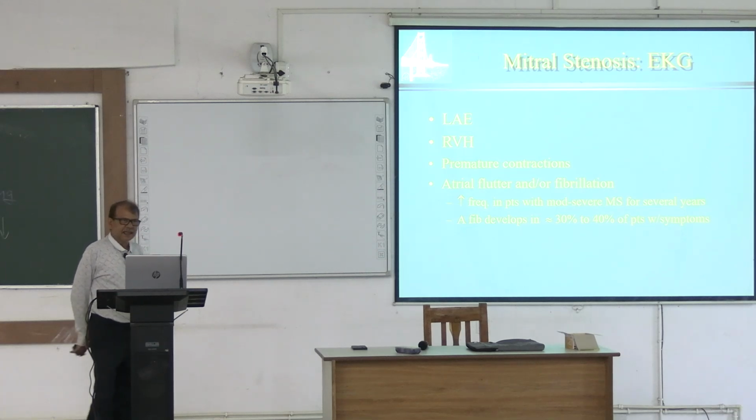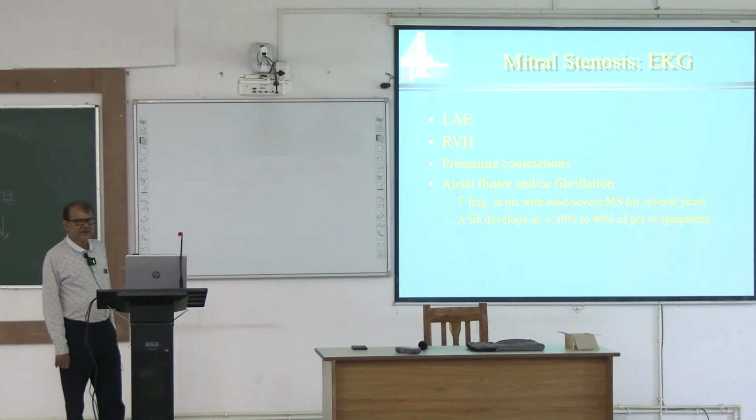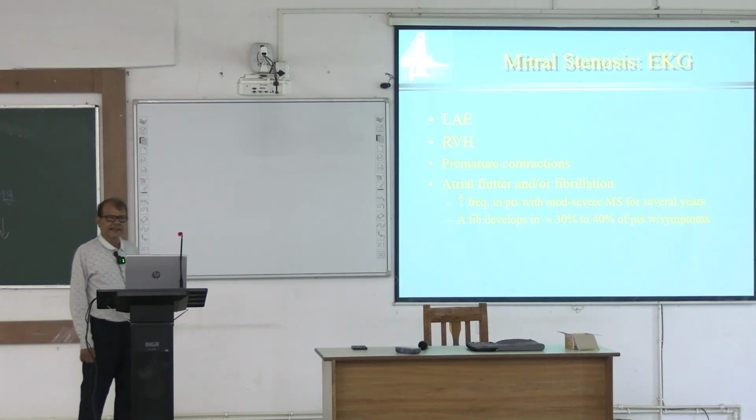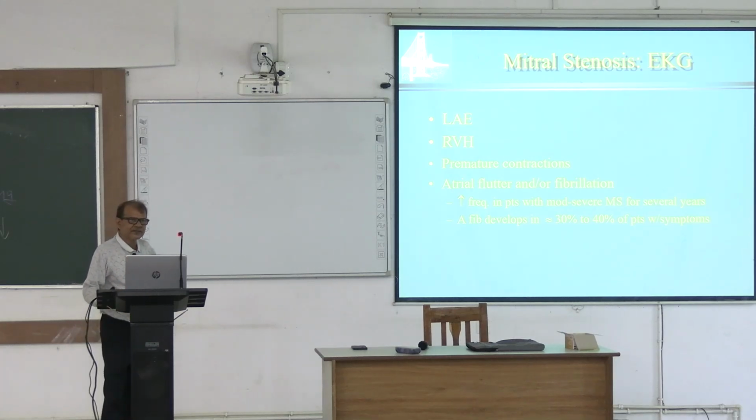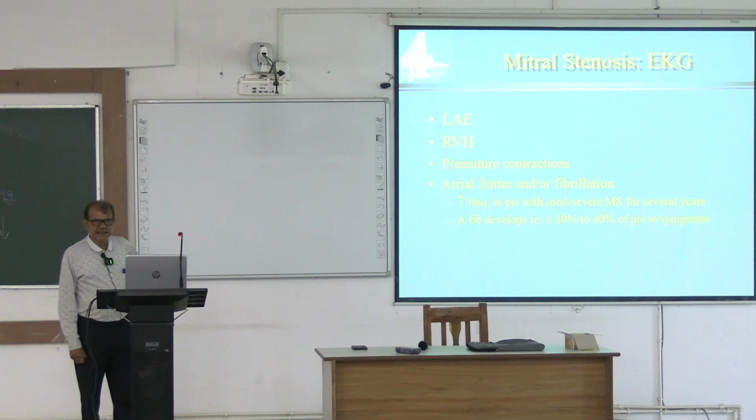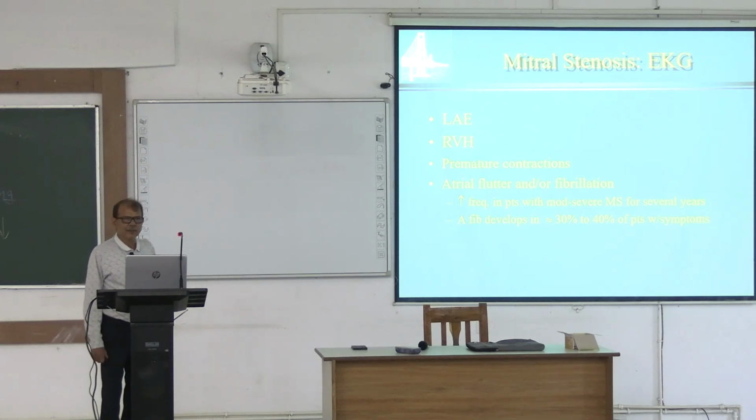That means the product of duration and negativity of P wave in V1 exceeding 0.04. This is the Morris index. Fourth, P wave by PR segment exceeding 1.6. All these constitute the diagnostic criteria of left atrial enlargement or abnormality.